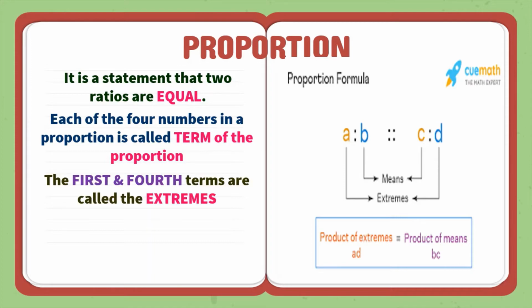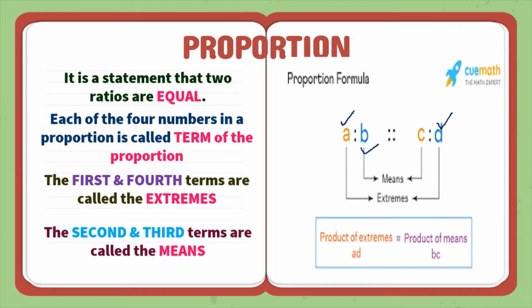And then, the first and the fourth are called extremes. And then, the second and the third are called means. So the product of extremes is the first and the fourth terms. And then yung third, saka yung second, that will be means.